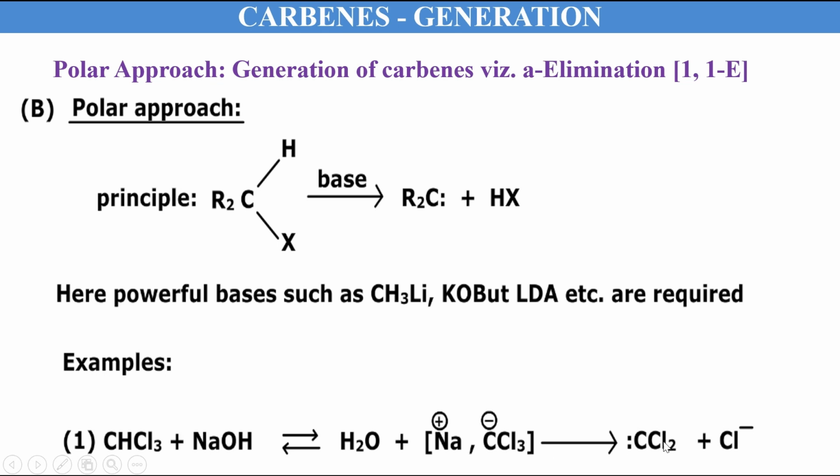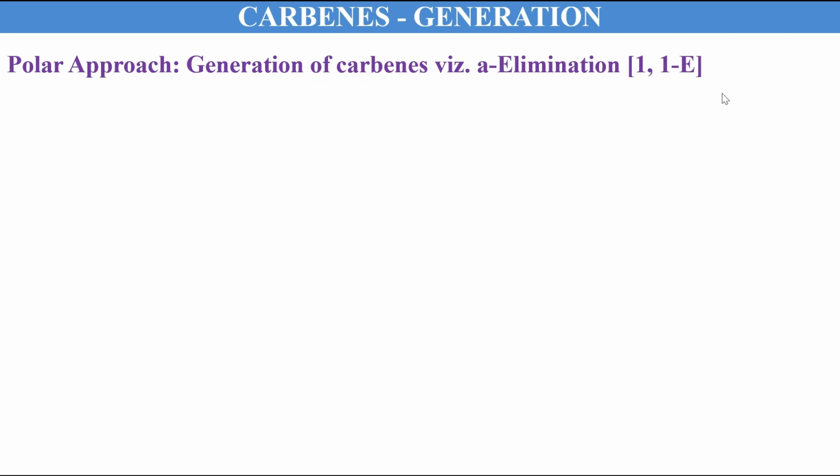Then chlorine moves along with its electron pair, giving rise to dichlorocarbene and a chloride anion. This is 1,1 elimination. Hydrogen and halogen have been removed from the same carbon. That's why it is called 1,1 elimination.